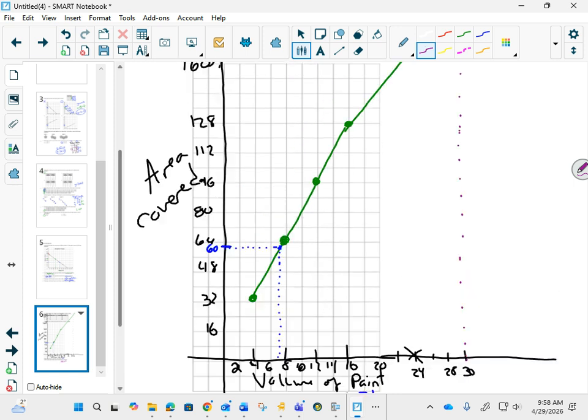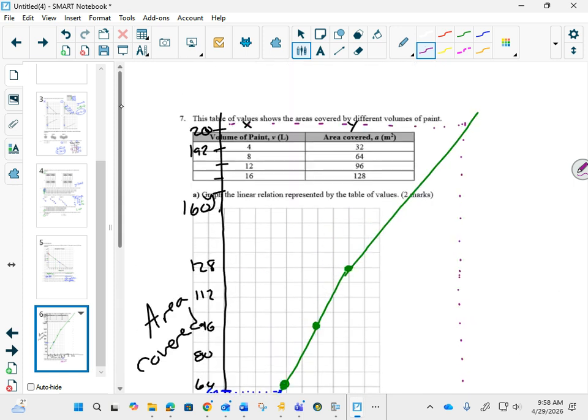Okay. Now, if you wanted to get really mathy, do you see the formula between here and here? If I can figure out the formula that my area equals, I can see it, but I want you to see if you can pick out the formula.